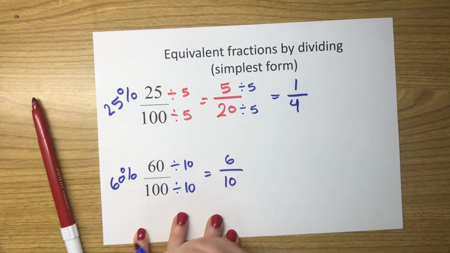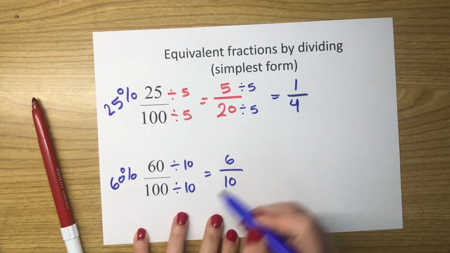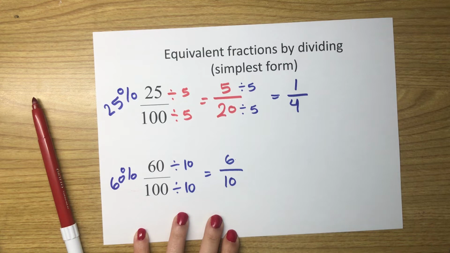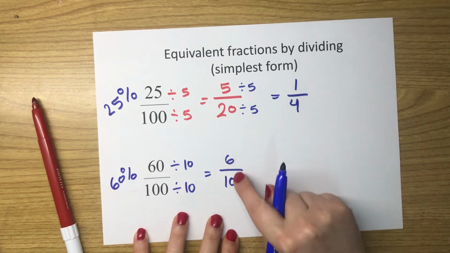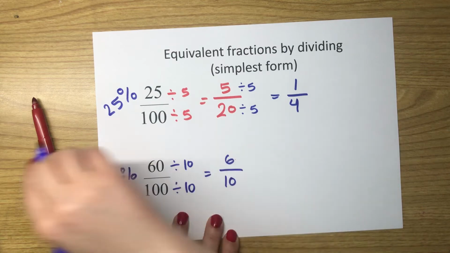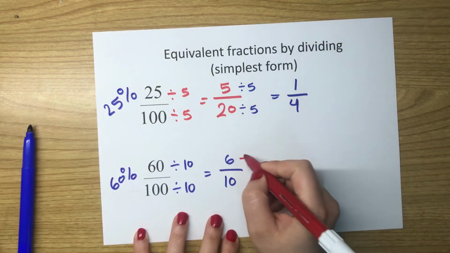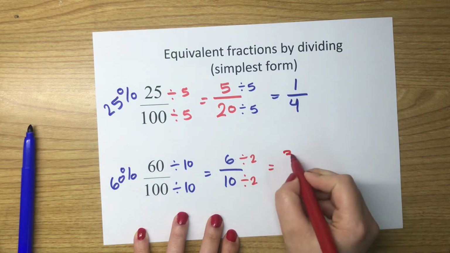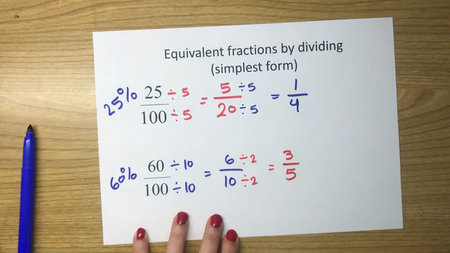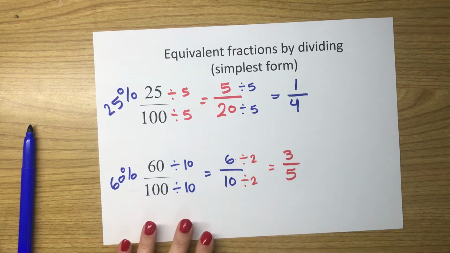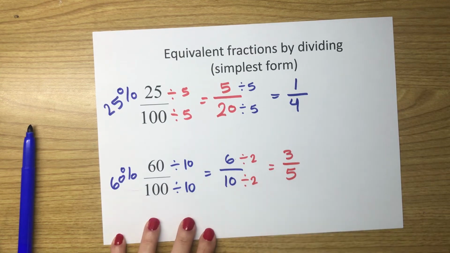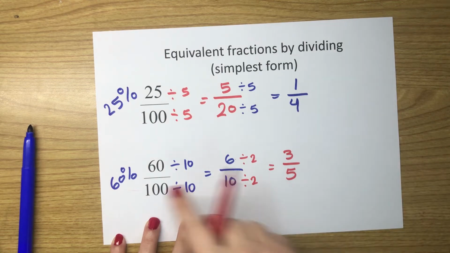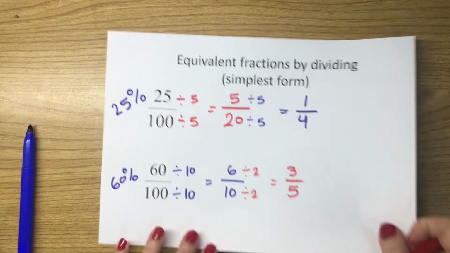Can I find a number that divides 6 and 10 at the same time without any remainder? As long as these numbers are even, both of them are divisible by 2, which gives 3 over 5. So from this example, you can figure out that 3 over 5 equals 60%.